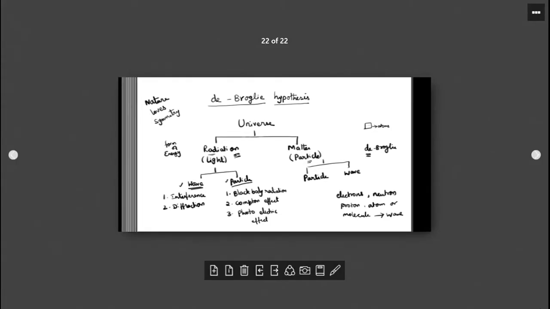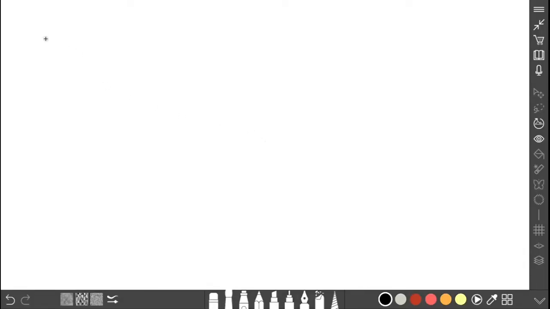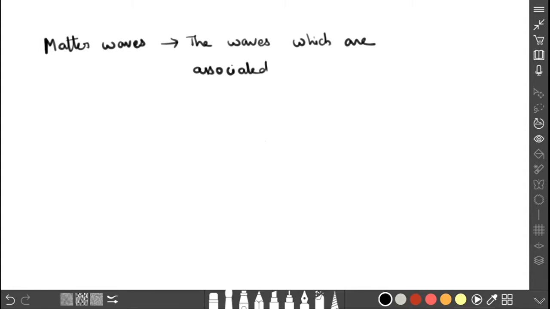The waves which are associated with matter or material particles are called matter waves.